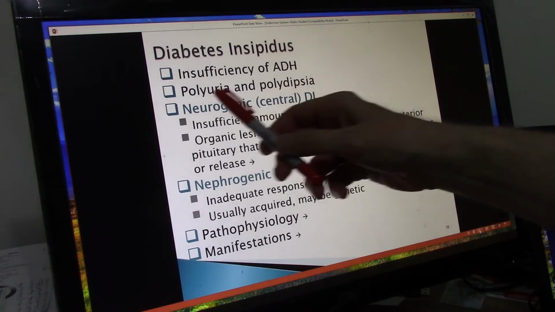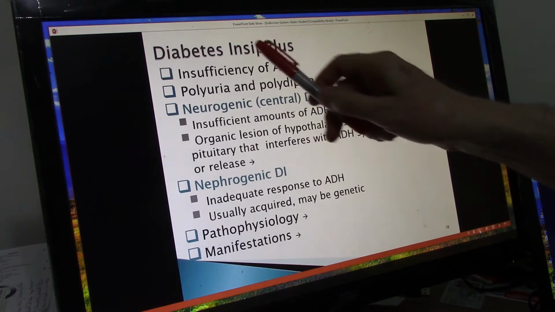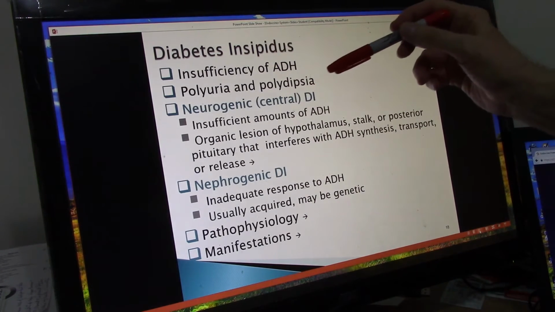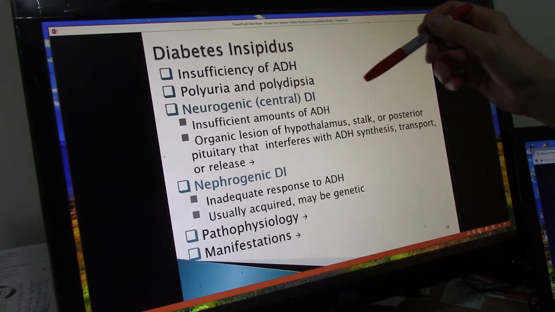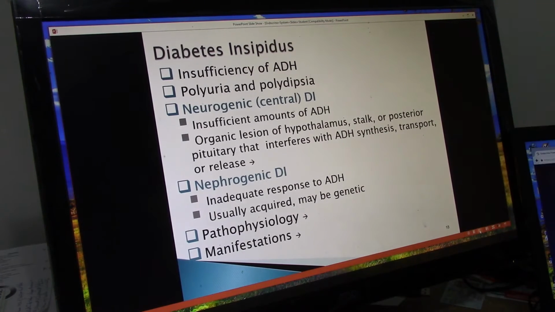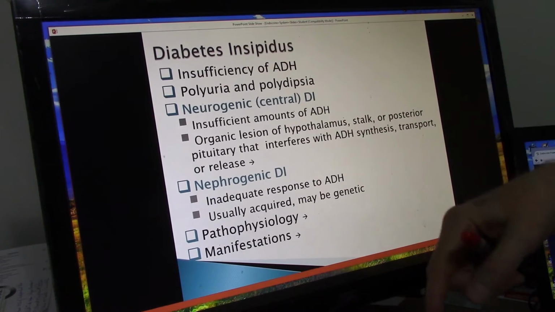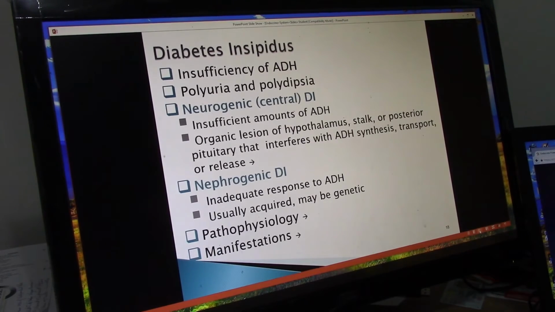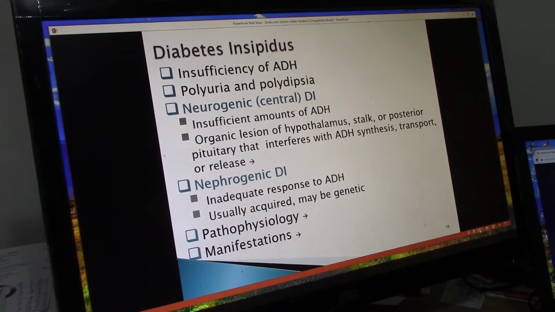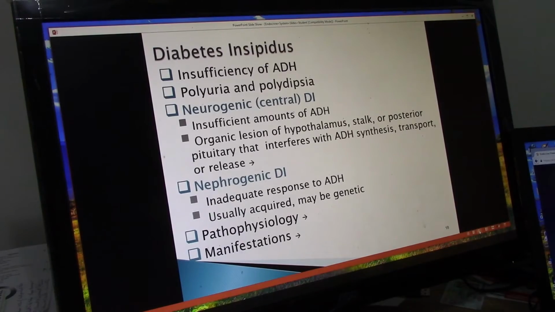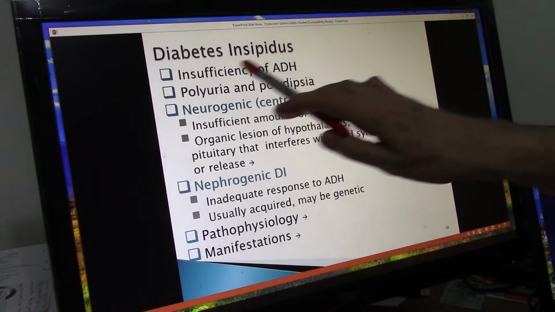And then also they're constantly urinating. Now, in diabetes mellitus, remember, you have that third sign, polyphagia. They're constantly hungry because the glucose is not getting into the cells. So even though the patient is eating, they're not getting enough glucose, and so they're hungry all the time. That's diabetes mellitus. This is diabetes insipidus.